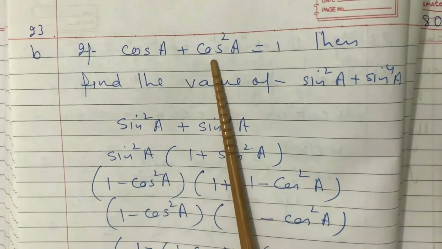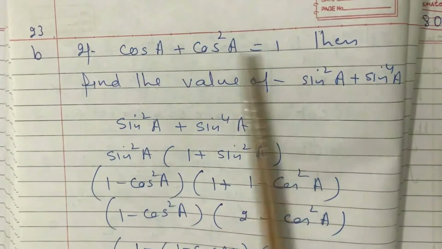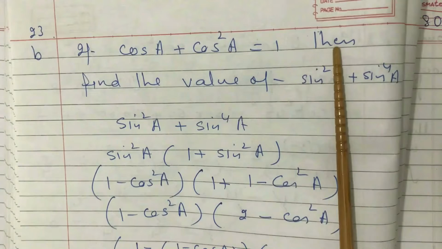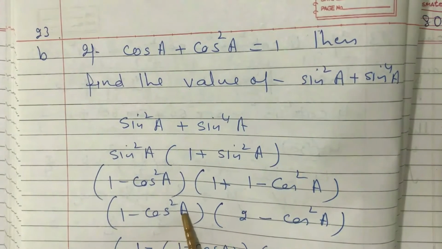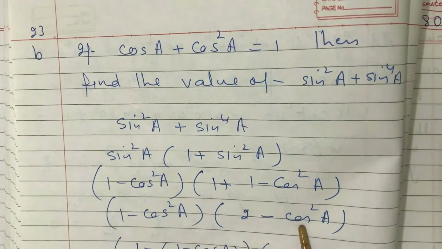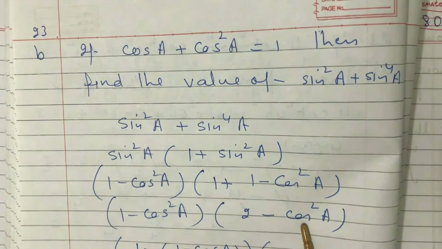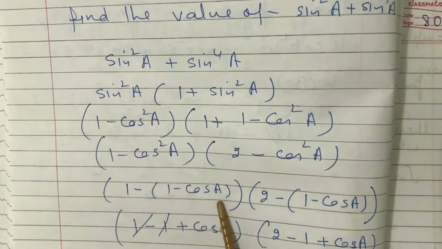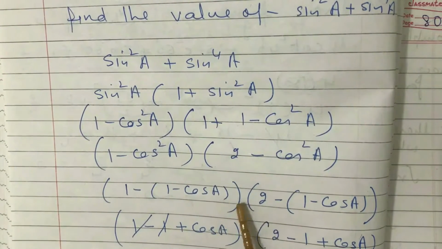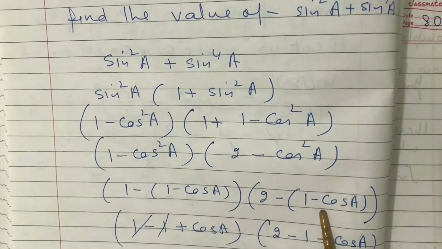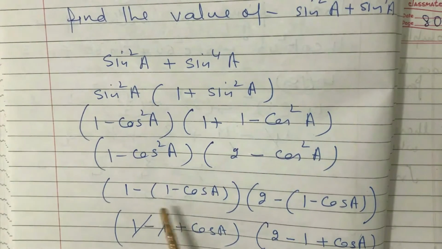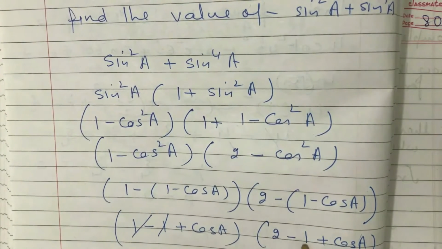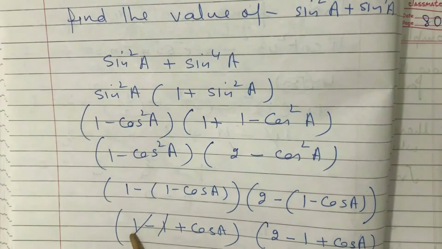Now cos square A can be written as 1 minus cos A, from the given condition. So instead of this cos square A, I'm going to write 1 minus cos A, and instead of this cos square A, I'm going to write 1 minus cos A. So here it is 1 minus cos A, and in the other bracket, 2 minus 1 minus cos A. Now open the brackets, we will have 1 minus 1 plus cos A, 2 minus 1 plus cos A. This and this cancel.